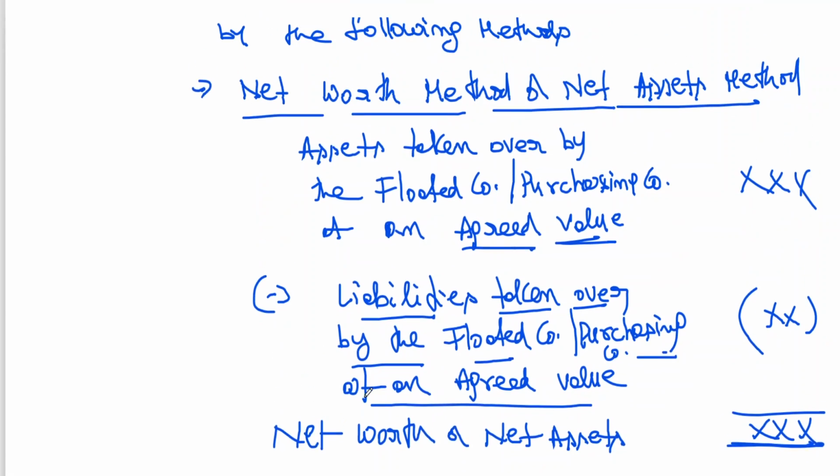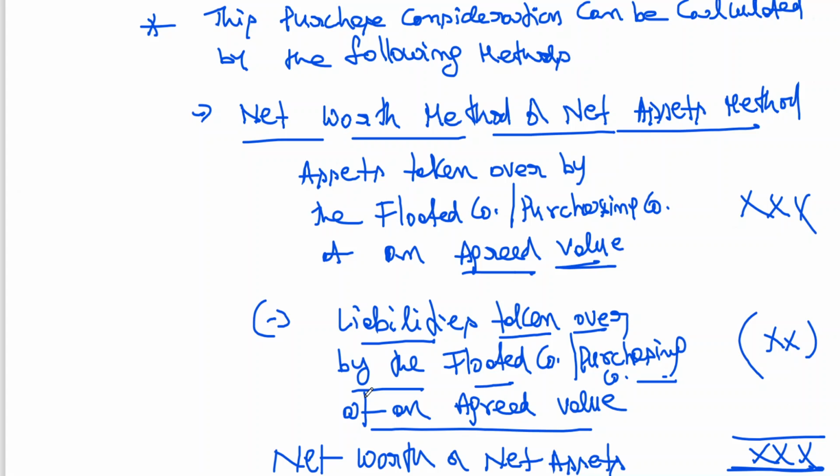And here assets taken over by the floated company include goodwill. Sometimes we need to value goodwill, that we discuss later on when the situation comes. I'm not making too much explanation in the beginning itself.